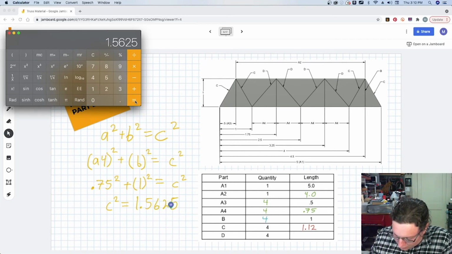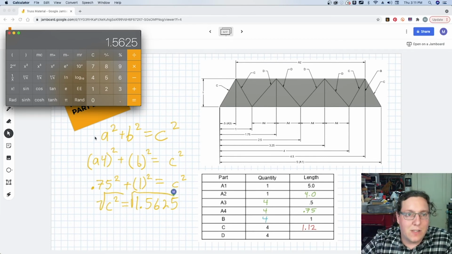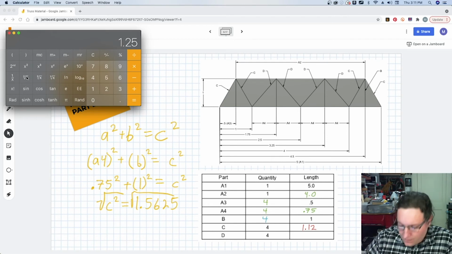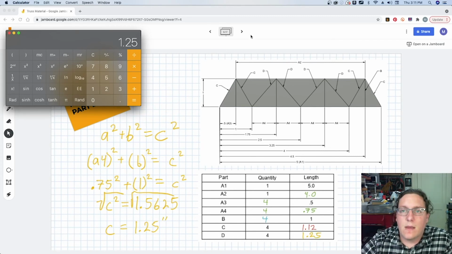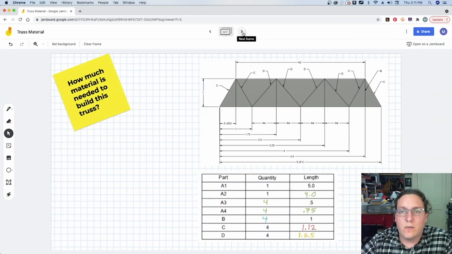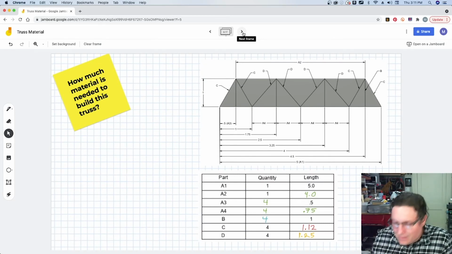We know that we're going to want the square root of both sides. We can trust the calculator to do it for us. And we're now told C equals 1.25 inches. We put it into our table, and then we move into what is quickly becoming the last step.